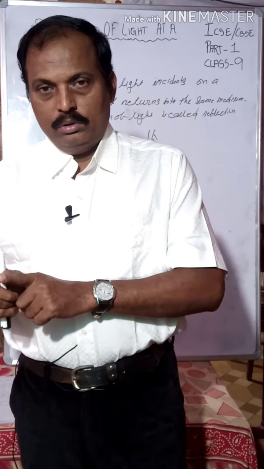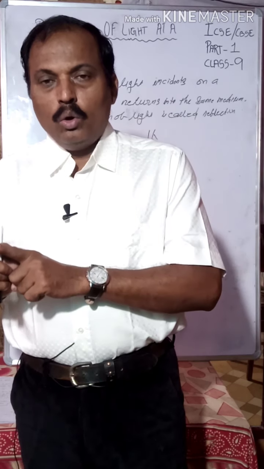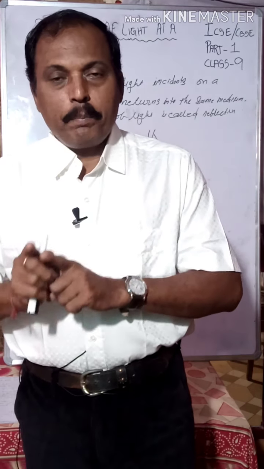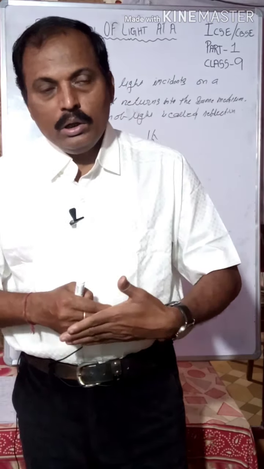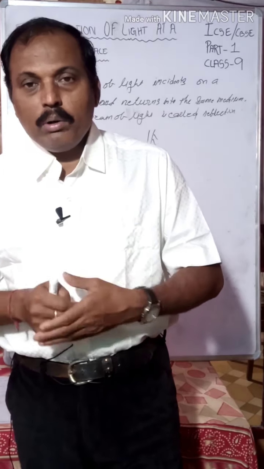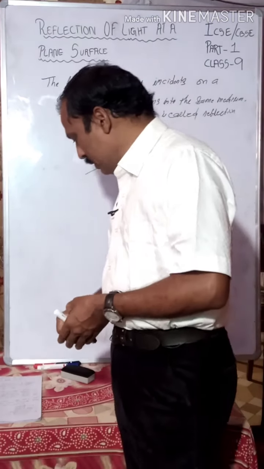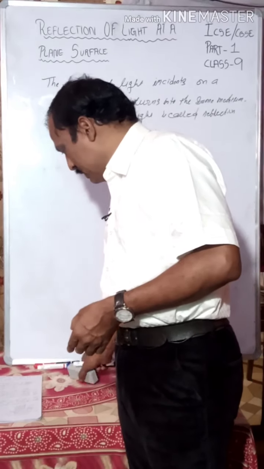When light returns to the same medium after striking the surface, that is reflection. Then we go to regular reflection and irregular reflection. What is regular reflection? What is irregular reflection?